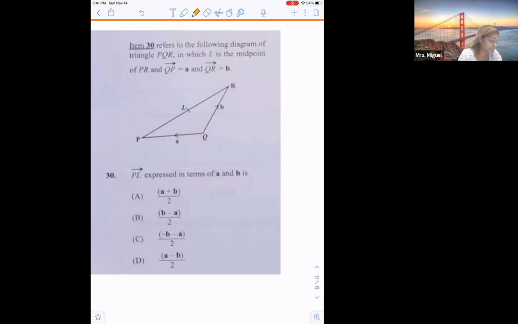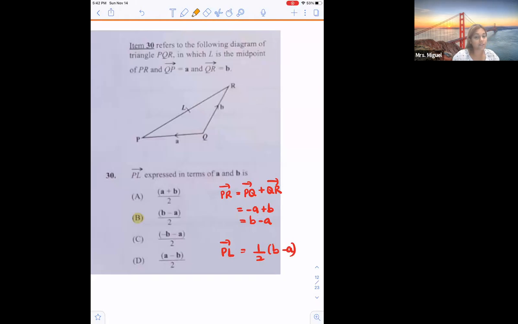So really, we need to find PR. I will go from P to Q, and then from Q to R. If I'm going in the opposite direction, this becomes negative A plus B, which is B minus A. So PL is equal to a half of B minus A, and the answer is C.